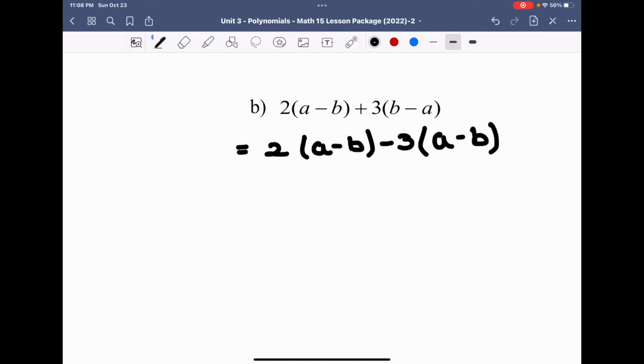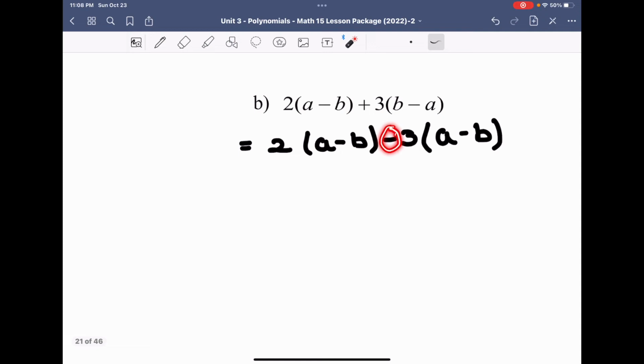I'm doing the opposite of what we've learned in previous lessons, where if I had a negative out front, I distribute it. Now I'm going backwards and saying if there's a negative in here and I want to flip the order, I can remove the negative and then reverse both the signs. So now our greatest common factor is a minus b, because a minus b is multiplied to both. So I pull the a minus b out front.